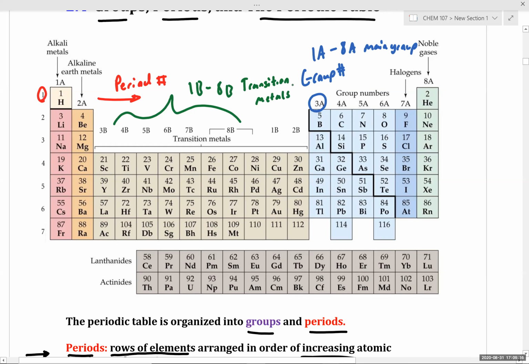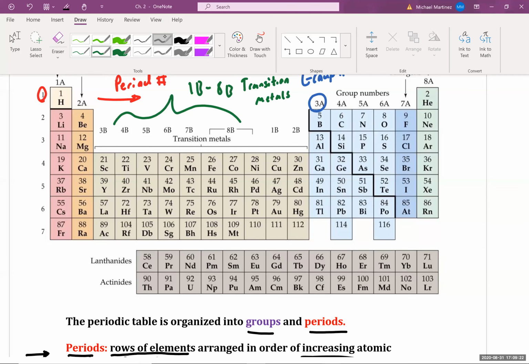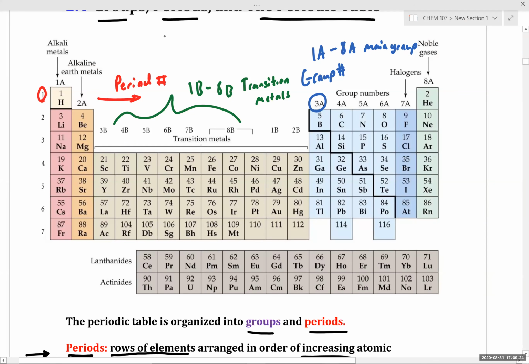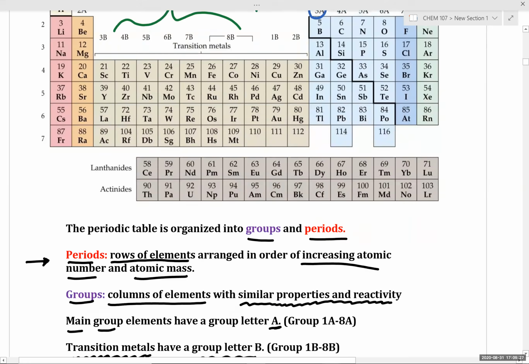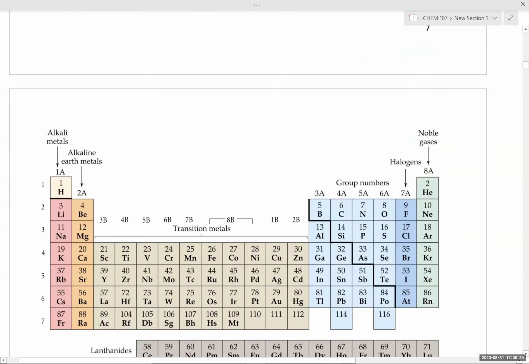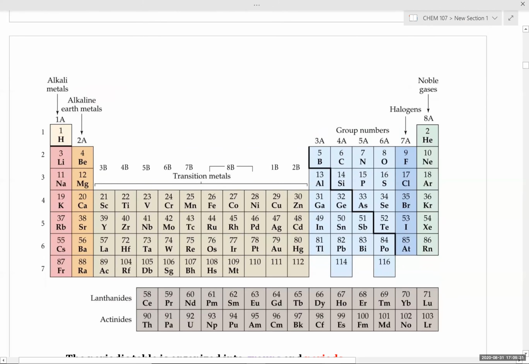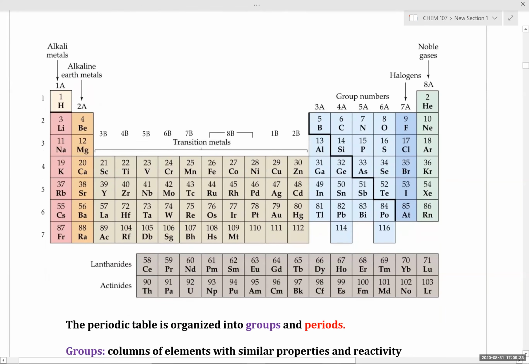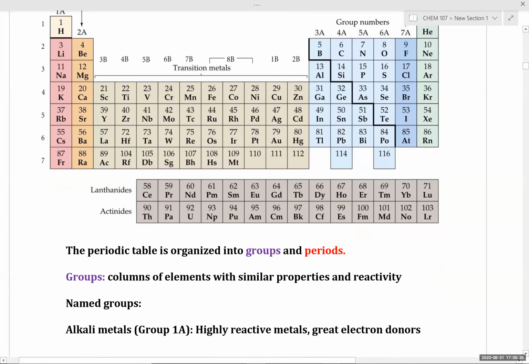Okay, we'll start to drill down and focus on the major groups and periods in the periodic table. So let's continue on with this, and let's talk about the named groups. We know that the periodic table is organized into groups and periods.